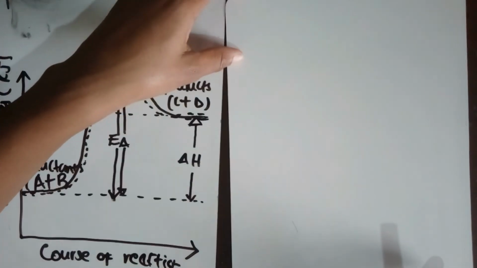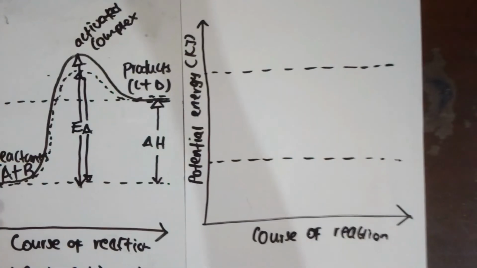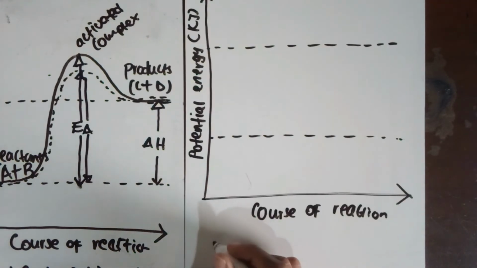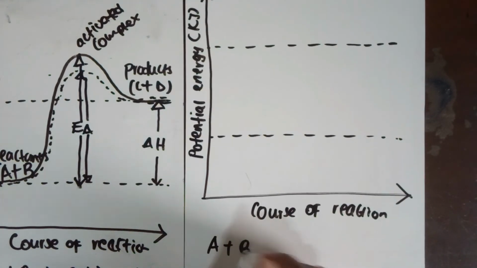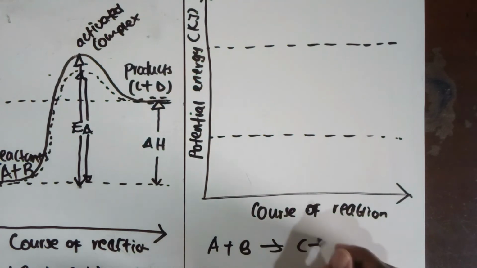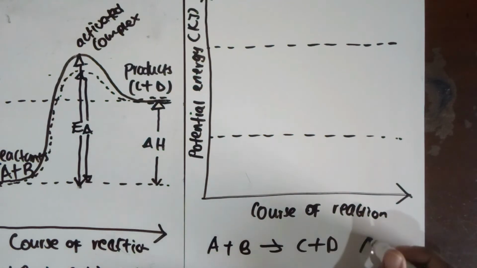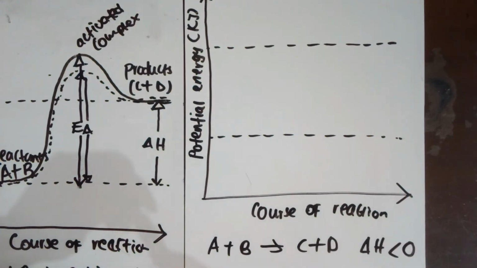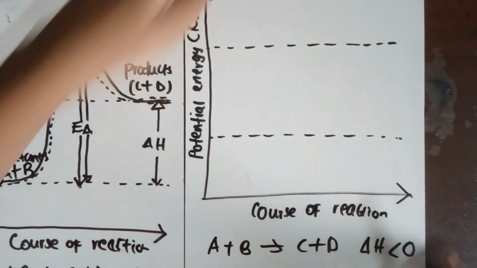But now, what does the graph for exothermic reactions look like? In the case of an exothermic reaction, we know that we'll have A plus B, which will give us C plus D. However, our change in enthalpy will be negative because this reaction releases energy.